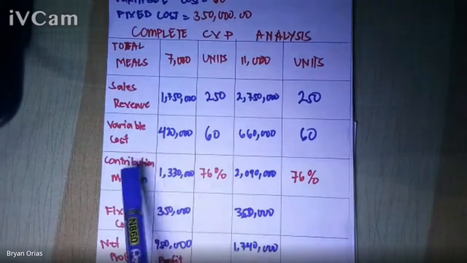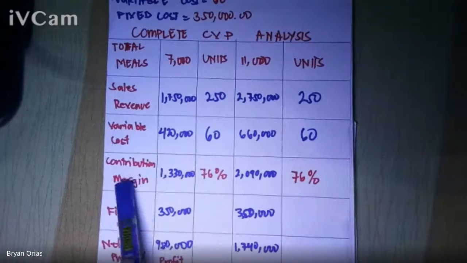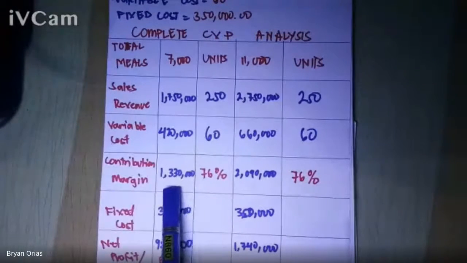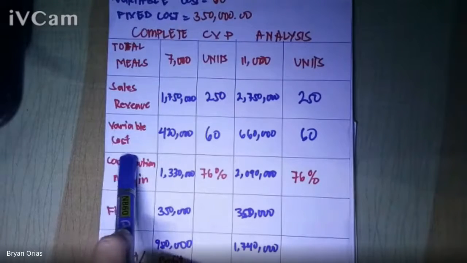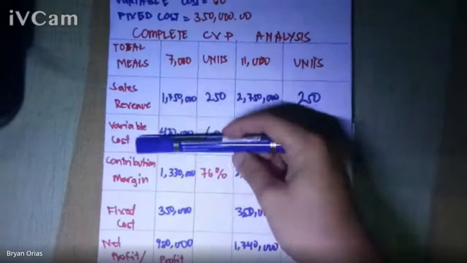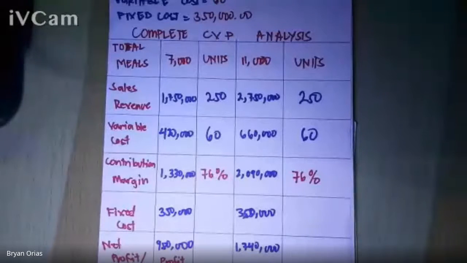So, ang formula natin for CM is equivalent to SR minus VC. Sales revenue minus variable cost is equivalent to contribution margin. Okay, sir. Thank you. Any question? May question, clarification, objection, valid reaction? Wala. Okay.